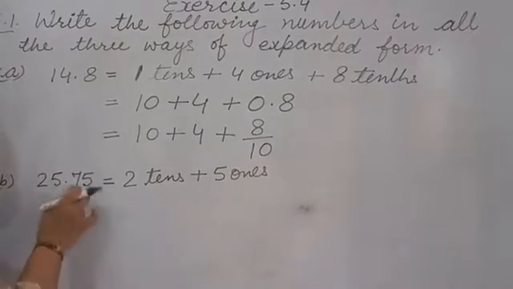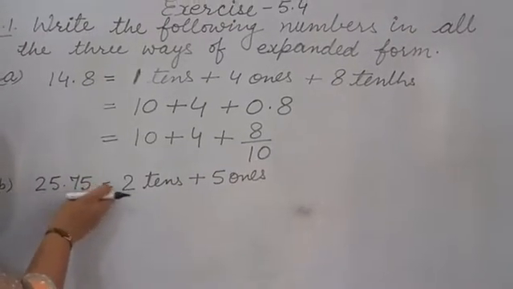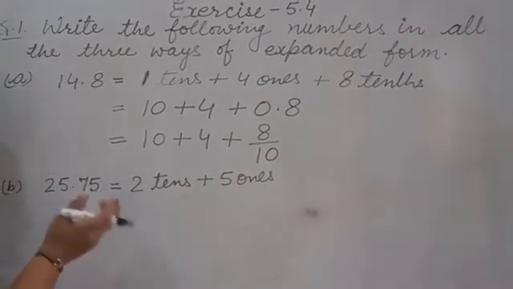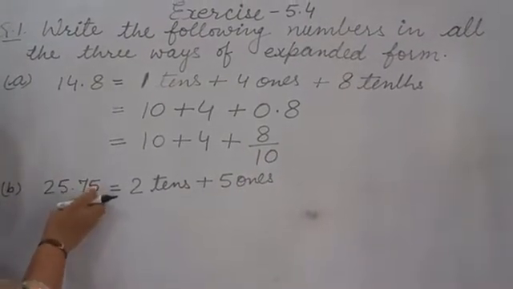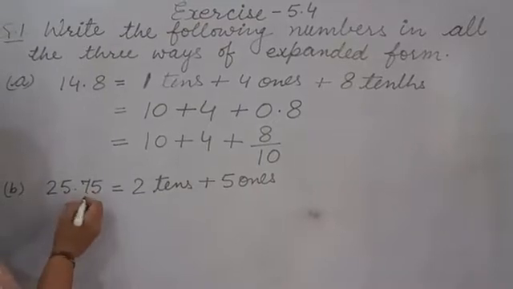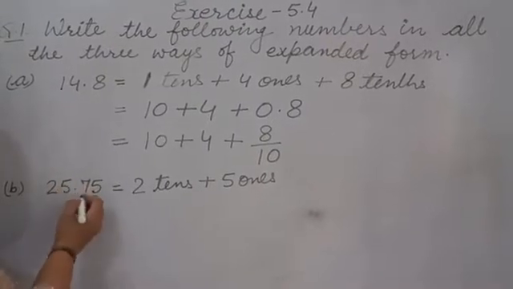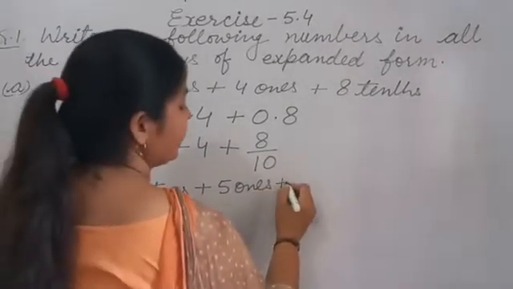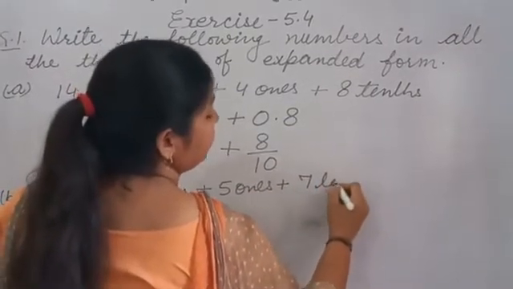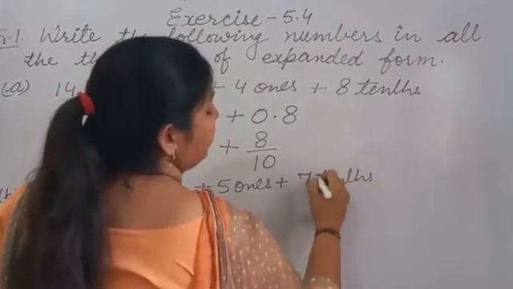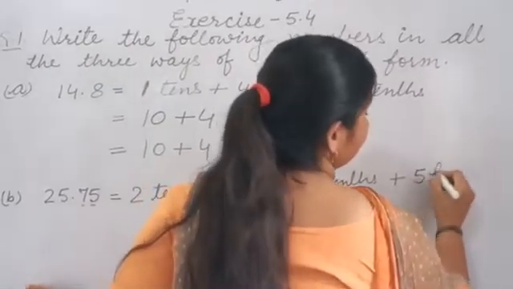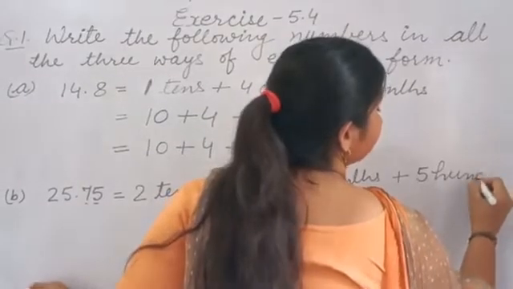Now we will do the decimal part. Now we should write this. So first place is tenth, then hundredth. So 7 tenth, 5 hundredth. So we write here plus 7 tenth plus 5 hundredth.